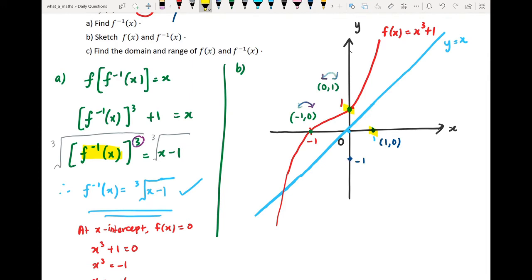This is the original point, and when it is reflected along y equals x, that point will be here. Now I will use my blue pen to draw this line. My graph will be symmetrical. You can perfect it to draw it nicer.